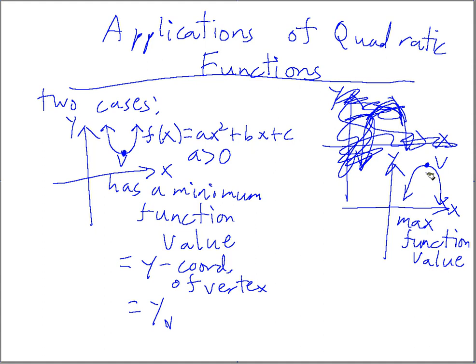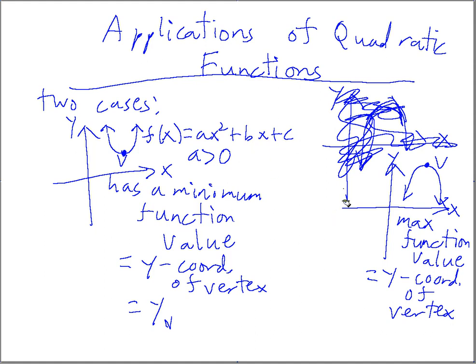It covers all the y values below the y-coordinate of the vertex. So the max function value is, once again, the y-coordinate of the vertex. In both cases, you're finding the y-coordinate of the vertex. So if I were to give you a quadratic function and ask you to find either the minimum or the maximum, we can certainly do that here.